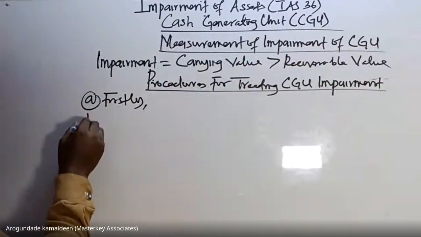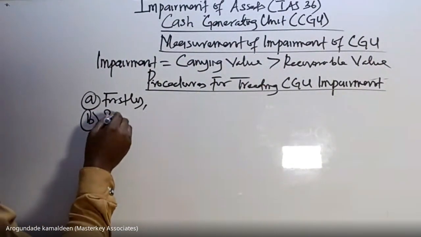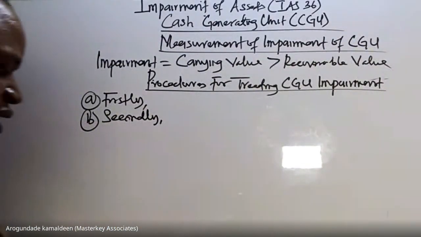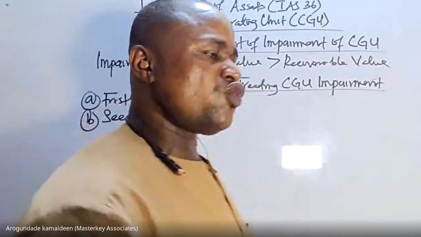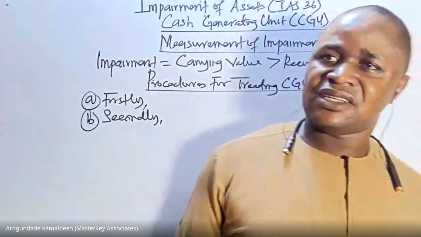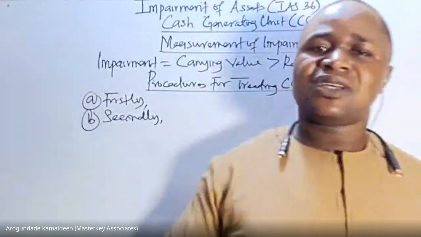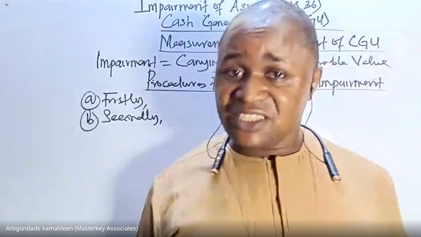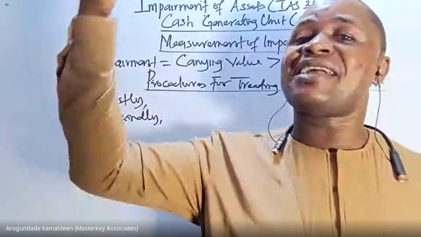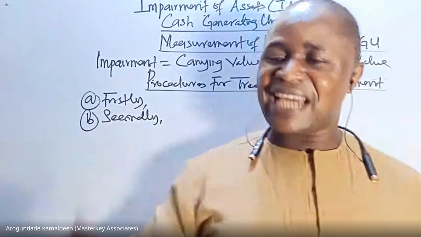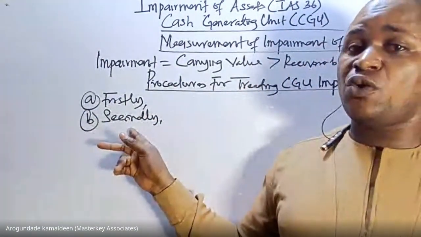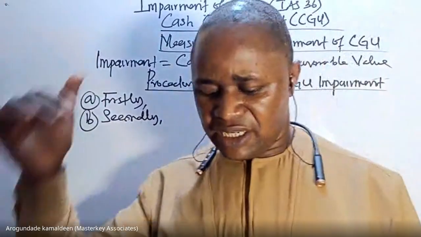Second step: secondly, when you have allocated the impairment to a damaged or destroyed asset, and you still have impairment left, then you now allocate to the goodwill of the CGU.